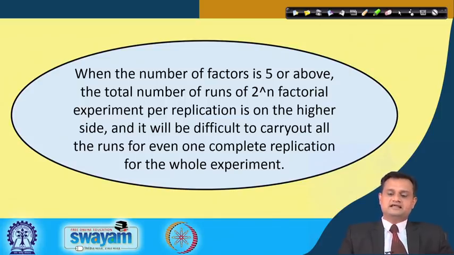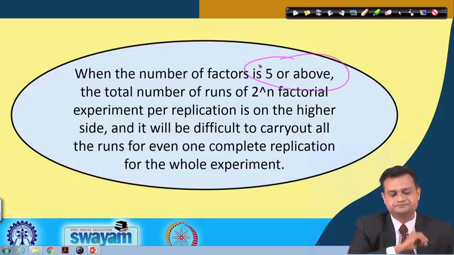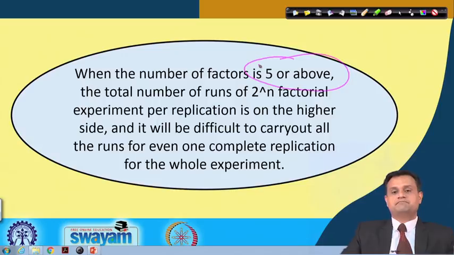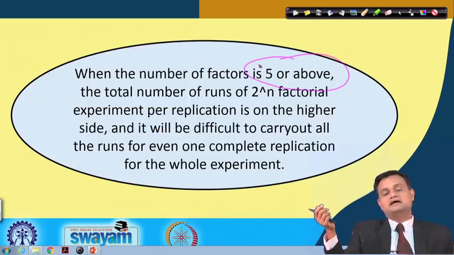So when the number of factors is more than 5, the total number of runs in a 2 raised to n factorial experiment per replication is on the higher side, and it will be difficult to carry out all the runs for even one complete replication, forget about multiple replications to achieve better accuracy. This is where I am concerned about the usage of resources in conducting the experimentation.